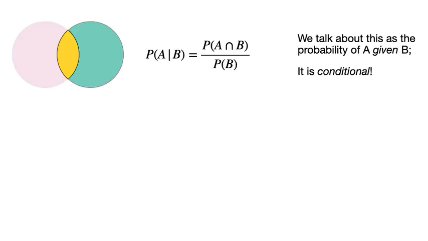Okay, time to work our way towards the Bayes ideas. We can talk in this case where we have two events that could overlap. We can talk about the probability of A happening given that B has occurred. You should read this little vertical line as the word given, or you could also read it as conditioned on.